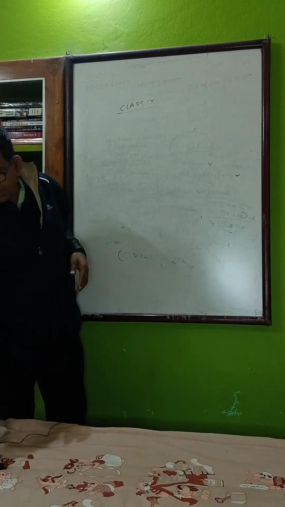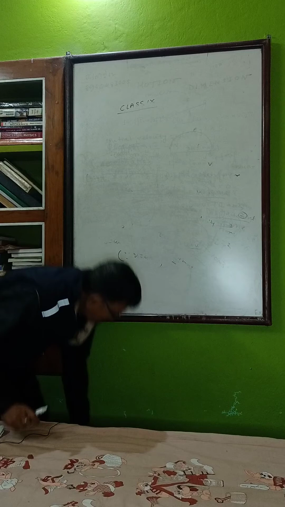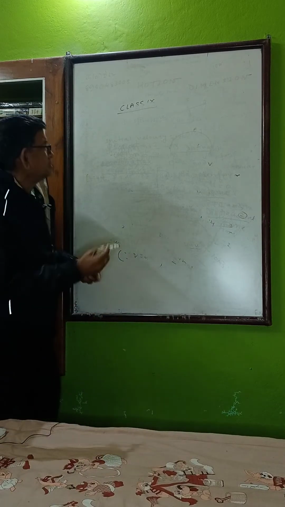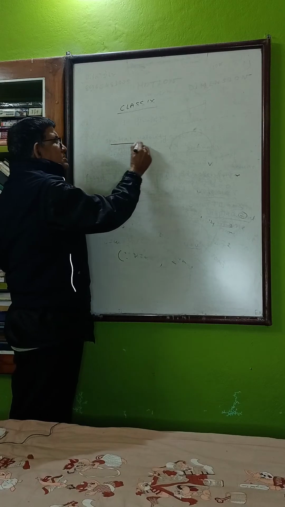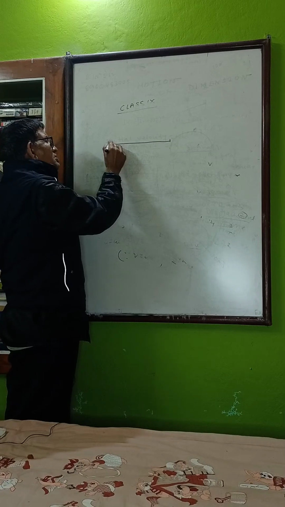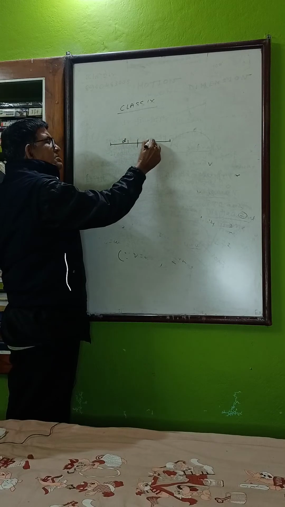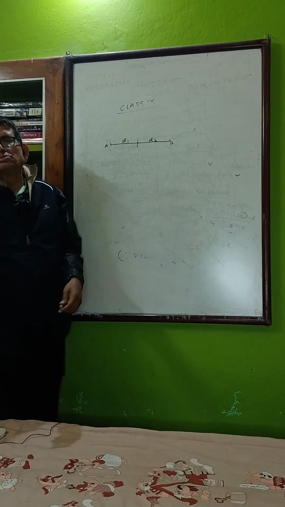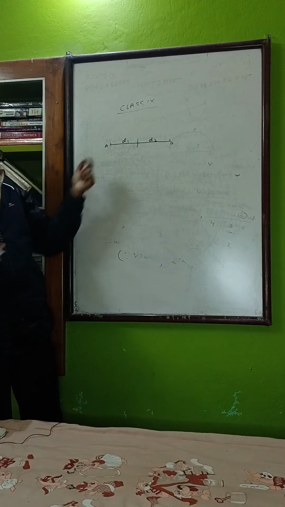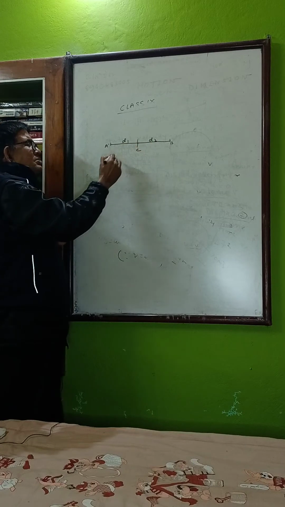After that I am considering average velocity. What is average velocity? Suppose you consider the total displacement in two parts. One part is d1, other part is d2. A to B is the total displacement. Part A to C is d1 displacement and part C to B is d2.